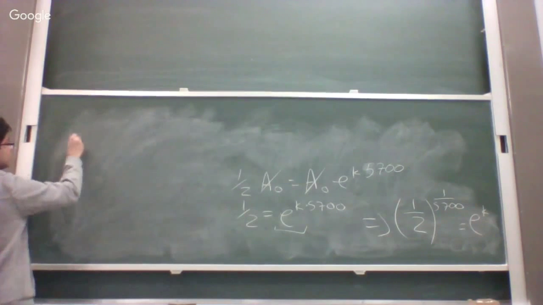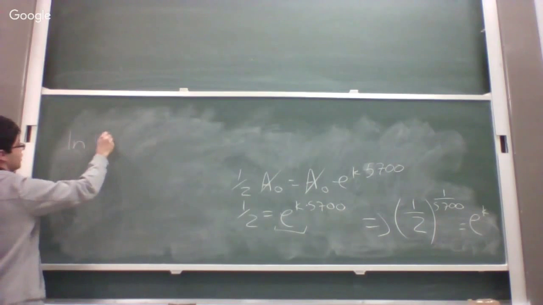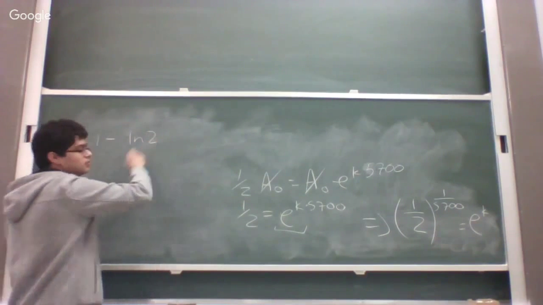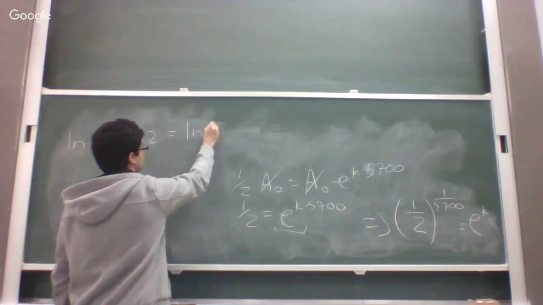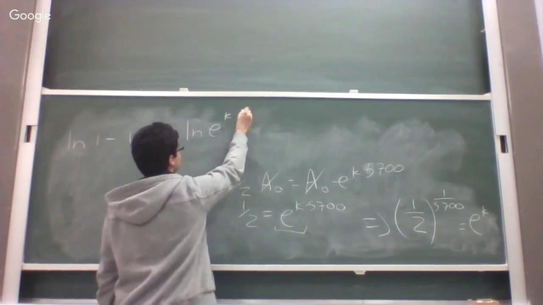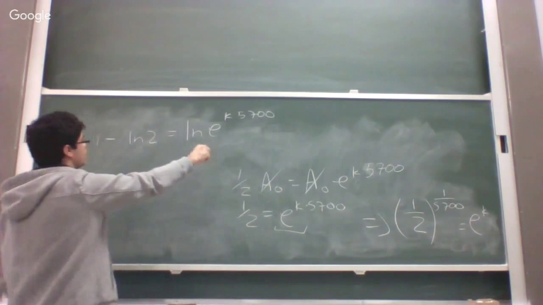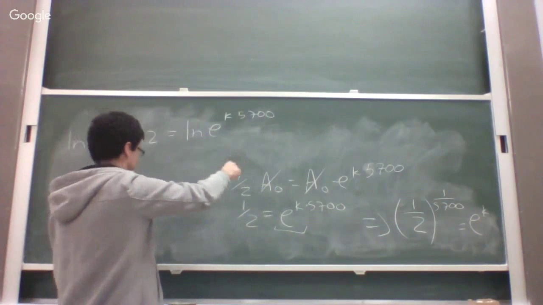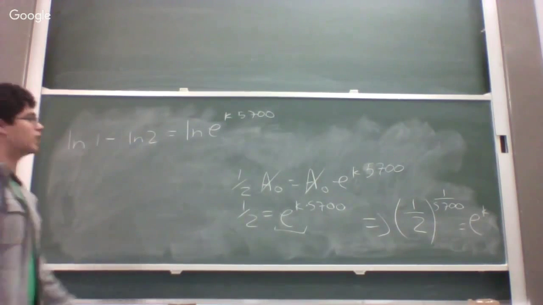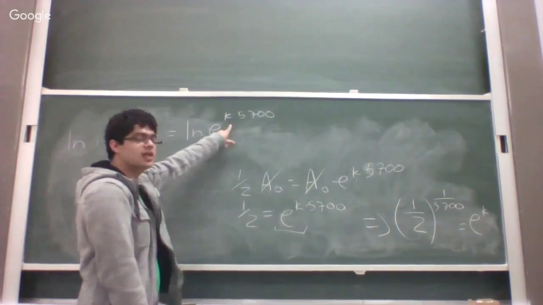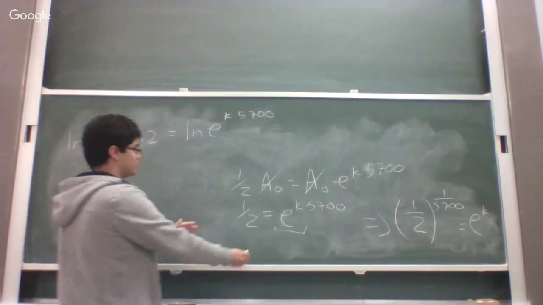So half-life. Natural log of 1/2 is natural log of 1 minus natural log of 2 equal to the natural log of e to the k to 5,700. So this is trying to find out what k is, not e to the k. They asked for e to the k, so then you would want to do it the other way.